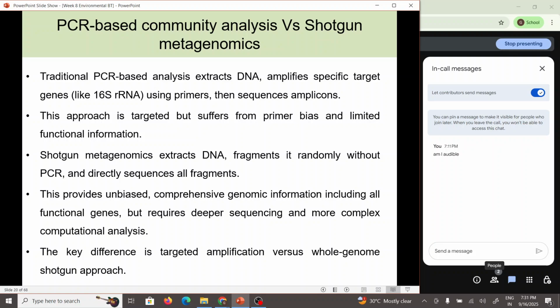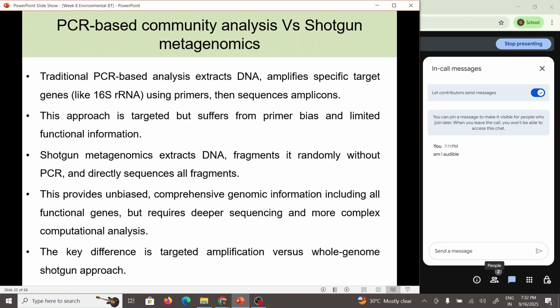If we have data about all the genes that are present in the organisms, we can have a holistic idea of the metabolic potential of the community. Otherwise we will have only limited functional information. So these are the two disadvantages of using the traditional PCR based amplicon sequencing method. Therefore, another method was developed, called shotgun sequencing.